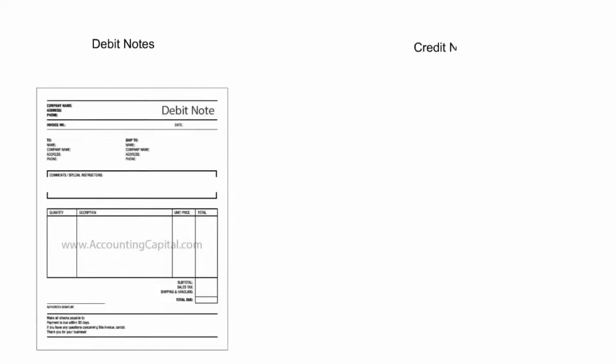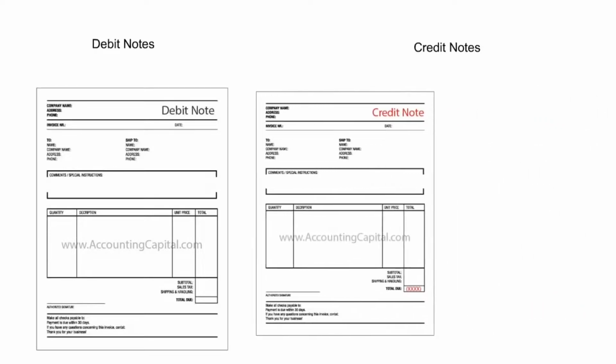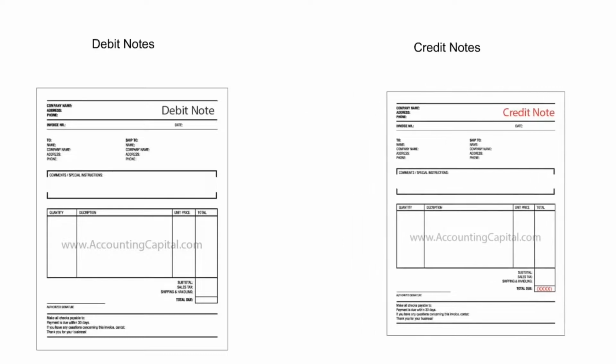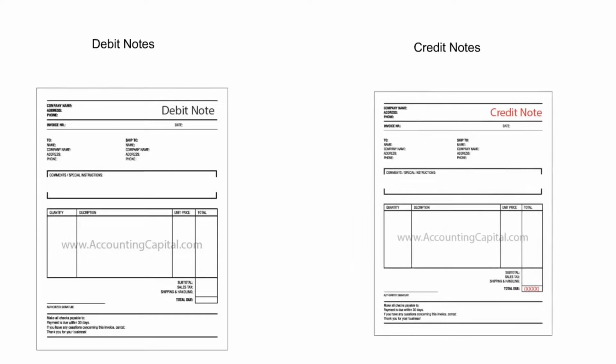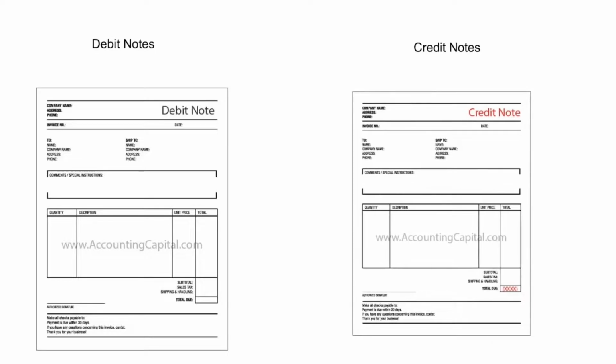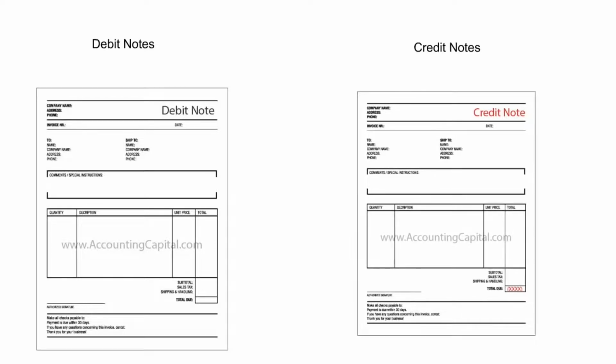It is sent to the customer showing allowance given by a supplier in respect of unsatisfactory goods in the first instance. Other reasons for the issuing of a credit note might be wrong goods supplied, the goods were lost in transit, the goods have been damaged but not returned to the seller.